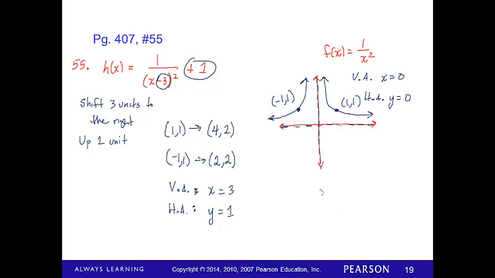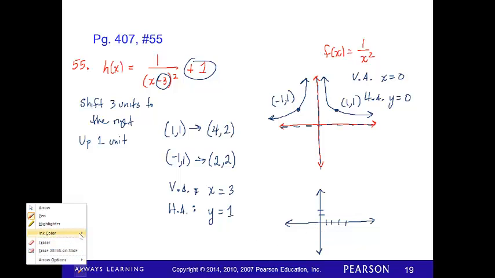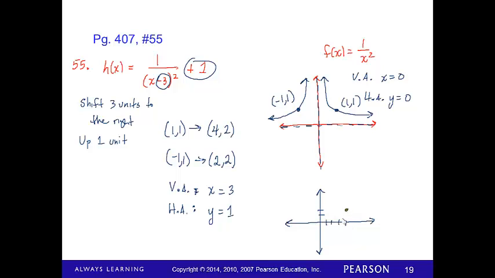And let's see if we can graph this. And of course, this would just be a sketch. Okay, so we have the points 4, 2 and the point 2, 2.